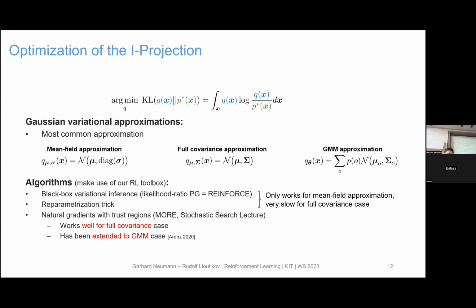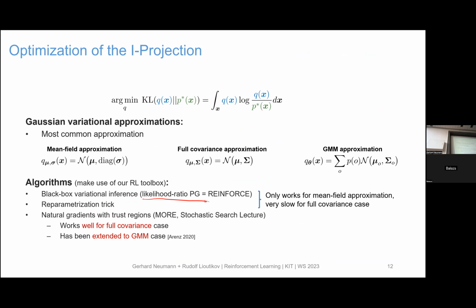So that's basically the different ways of dealing with it. From the algorithmic side, you can use likelihood ratio policy gradient, like the REINFORCE algorithm, to do that. It's called black box variational inference. And why is it called black box?